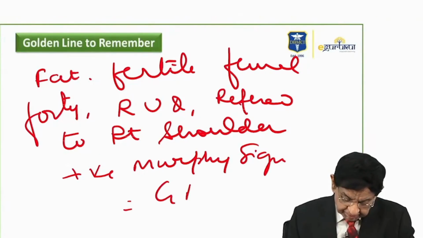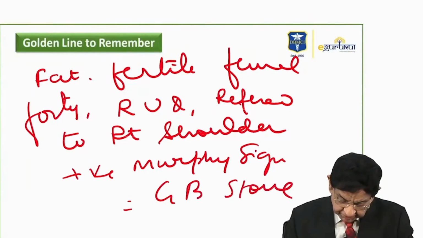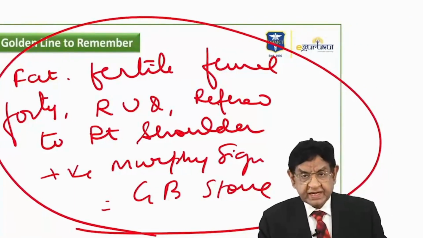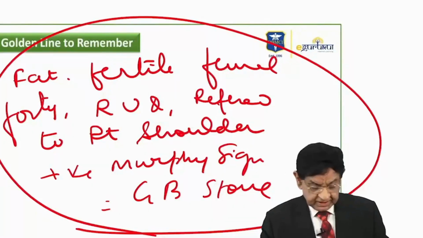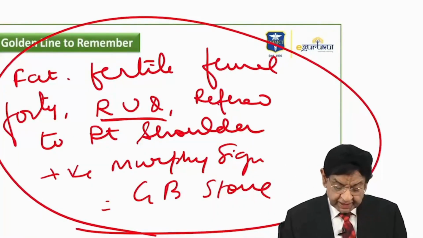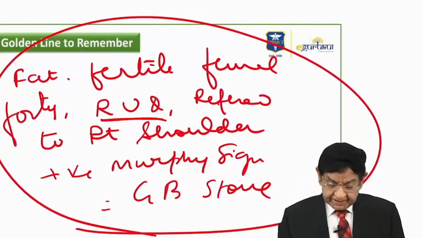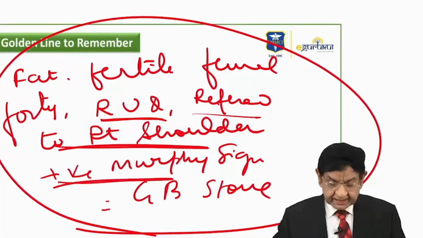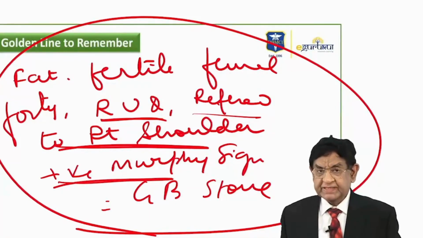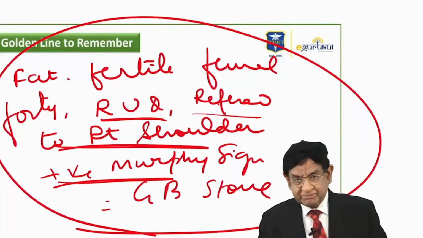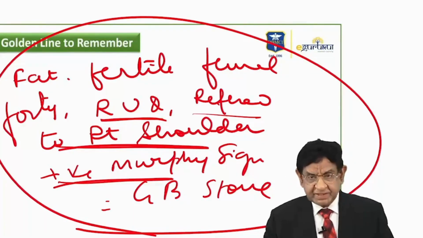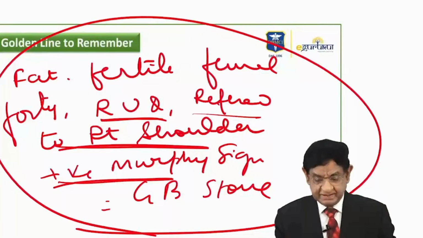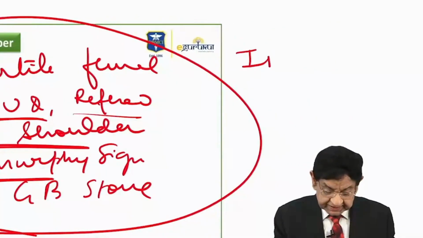This is a gallbladder stone. Positive Murphy's sign, which the examiner will ask you: when the abdomen was palpated, we asked the patient to take a deep breath, and there was an inspiratory arrest.